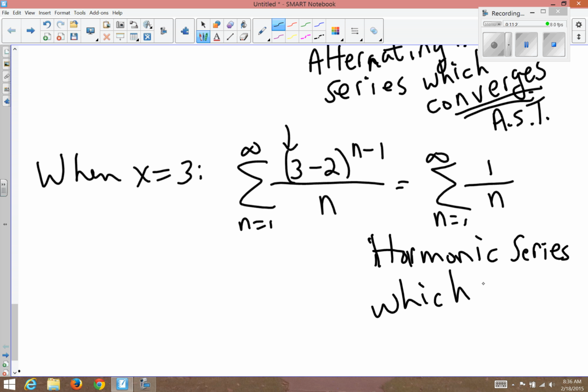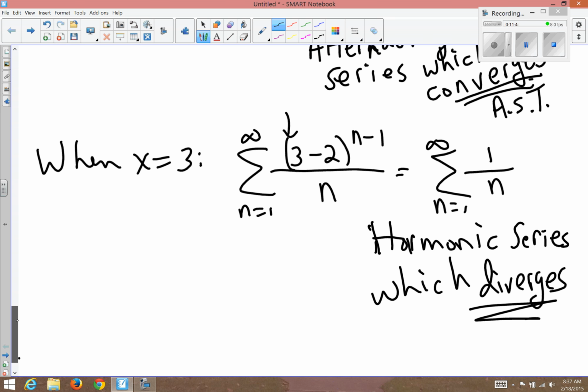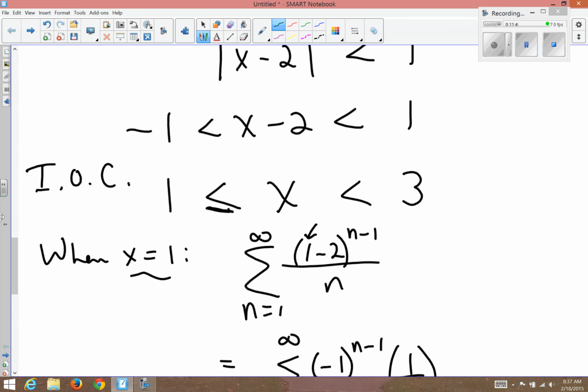The harmonic series diverges, as we saw in a previous video. We can also prove that it diverges with either the integral test or the p-series test. Harmonic series diverges. That means 3 is not part of the interval of convergence. We have divergence when x is 3.